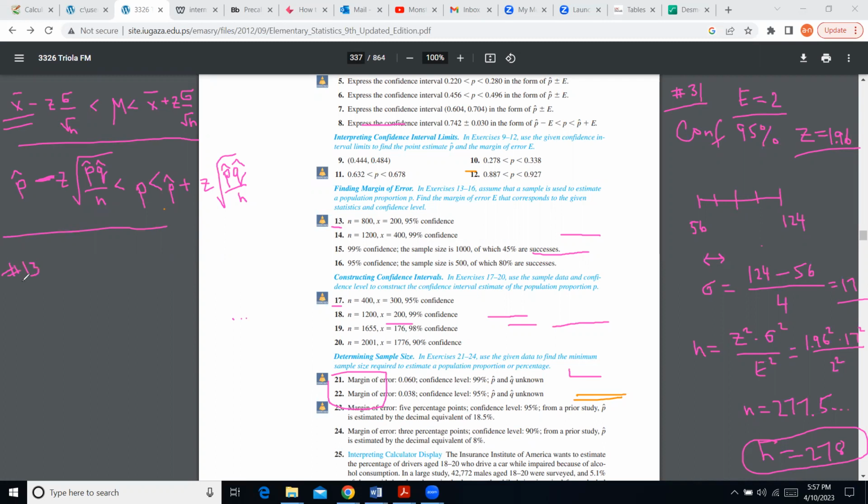number of people 800, and if out of this 800, 200 was X, and then the remaining 600, right, was not X. So in other words, P is 200 out of the 800.